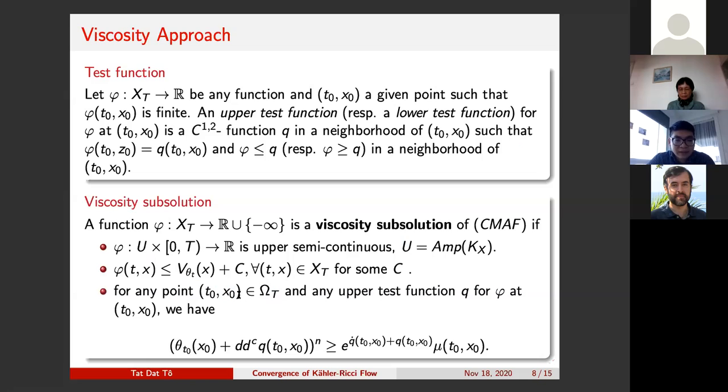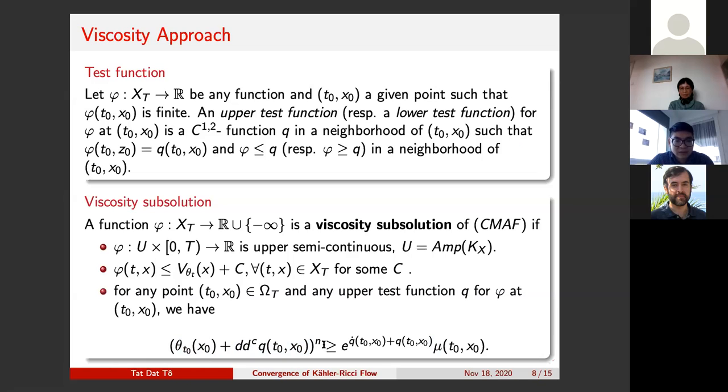And for any point in the ample locus times (0,T), and for any upper test function, so the upper test function is a C^{1,2} function, we have the inequality here. Again, it's not mu but omega, the volume form. Here you can see that we can define this in the smooth setting because q is a C^2 function, so we can define dd^c of q like the Hessian of q.